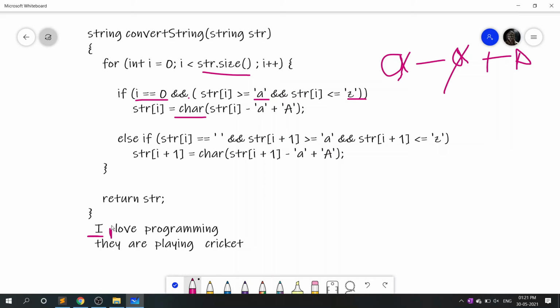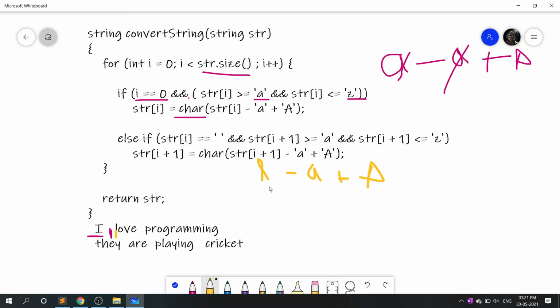I need to check the letter just after this blank space, that is l. Does this l lie between small a and small z? Yes, small l lies between small a and small z. So again we need to convert it into a capital letter, so I simply do l minus a plus capital A.